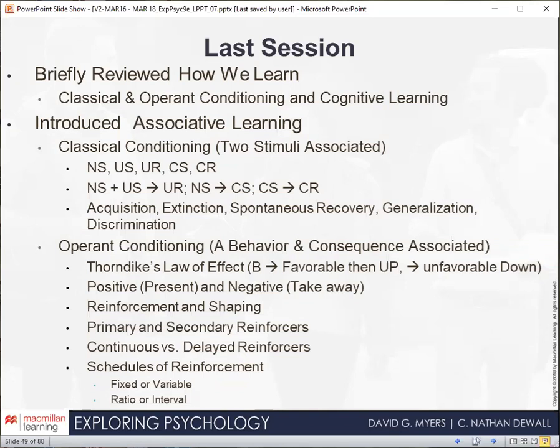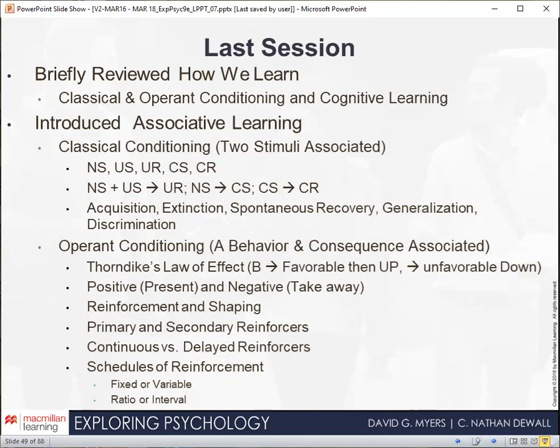And after a while, you present the CS and nothing happens. It's no longer a conditioned stimulus. We have extinguished that particular conditioning. Now, if we wait for a while after we've extinguished that conditioning and then reintroduce the conditioned stimulus again, and that organism responds, that's a conditioned response. It has recovered, and we refer to that as spontaneous recovery.